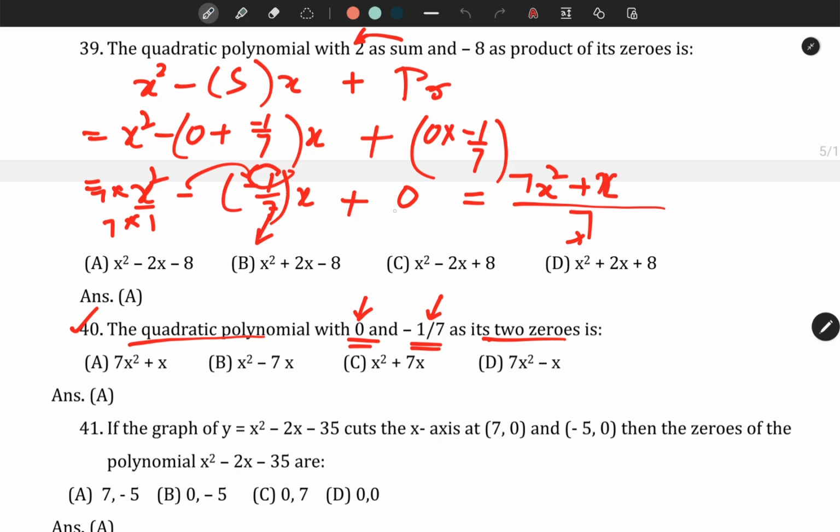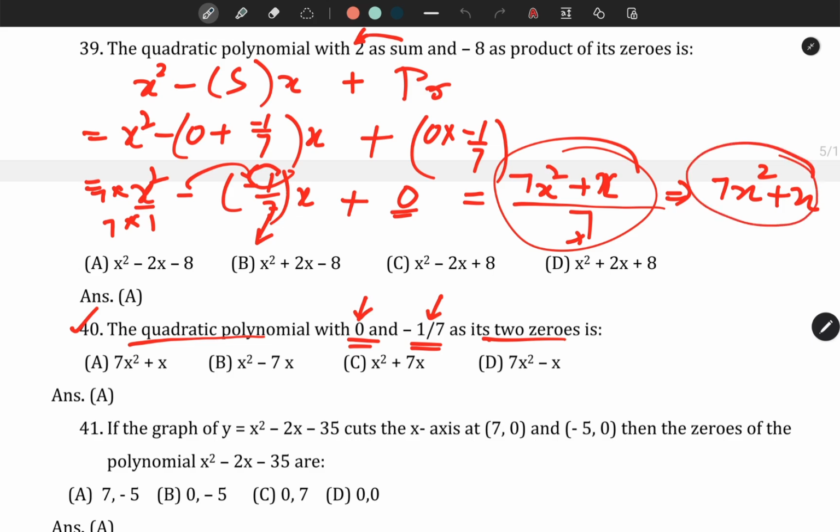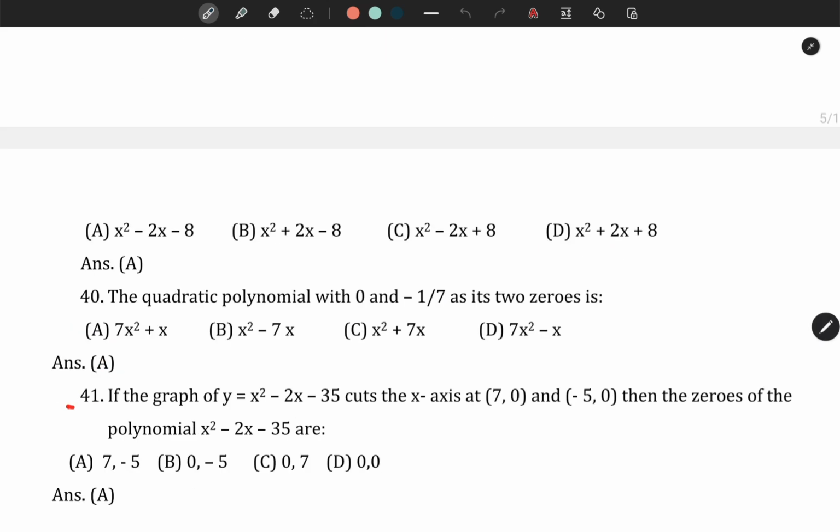The last term is plus 0, which we don't have to write. Now if you remove the denominator, this will be equal to 7x square plus x. Now this polynomial will have the same zeros, so the correct option here is 7x square plus x, which is option number A.